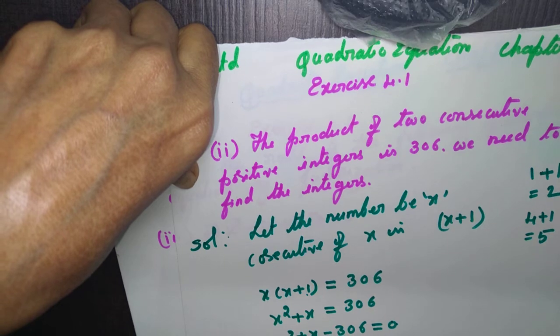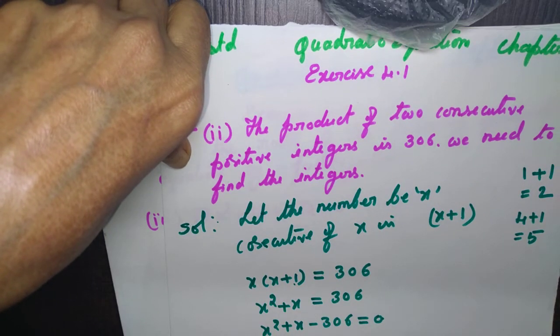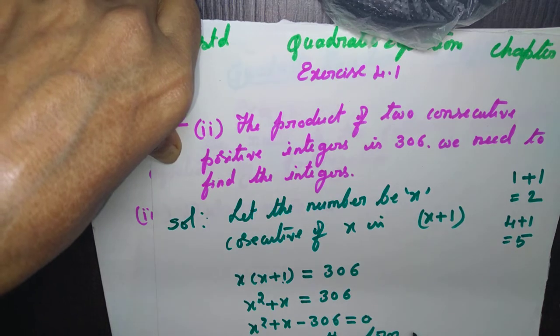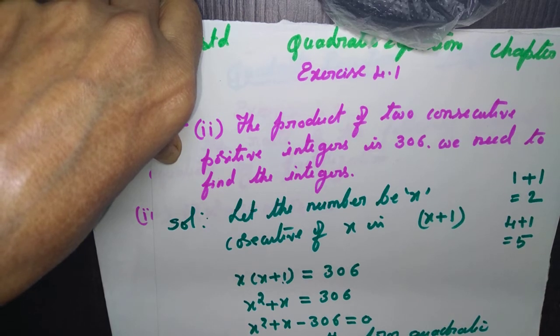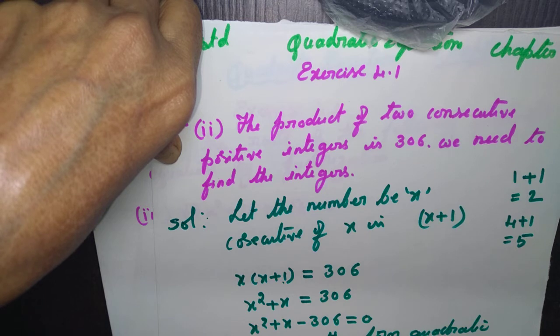It is in the form of a quadratic equation, that is ax square plus bx plus c is equal to 0.